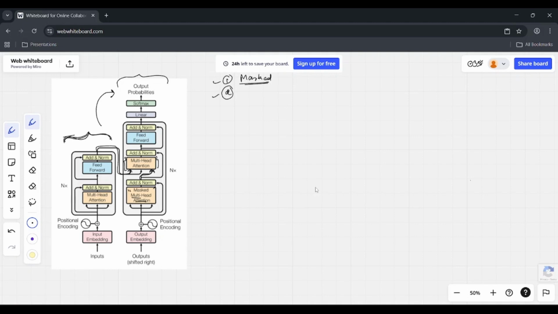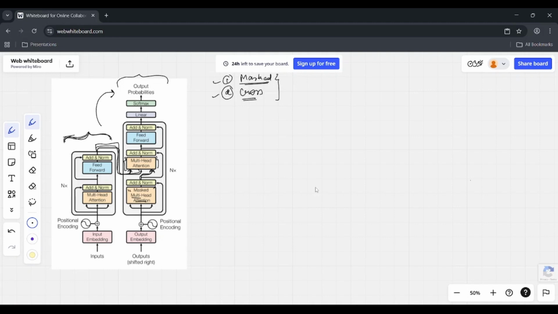But if it's the last encoder, then that output goes inside our decoder block. So this output is going as input in our multi-head attention block, which we call cross attention. So we need to understand these two terms.